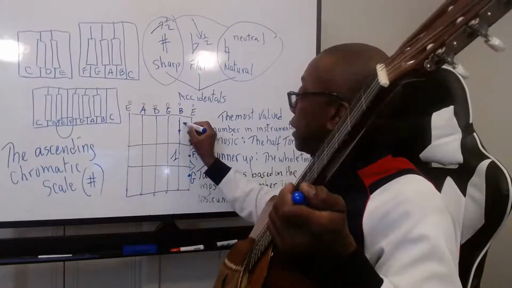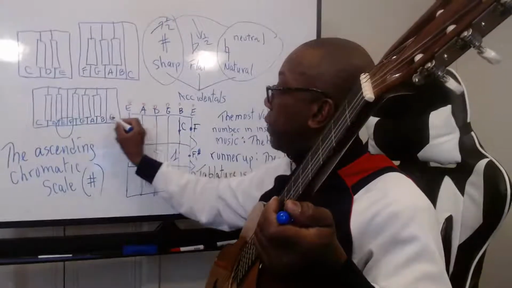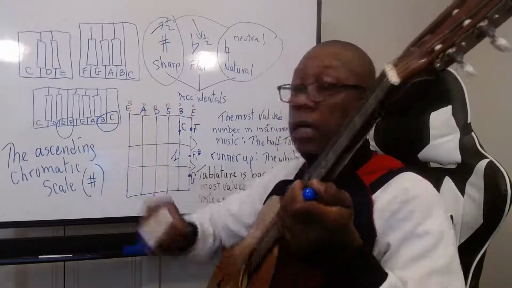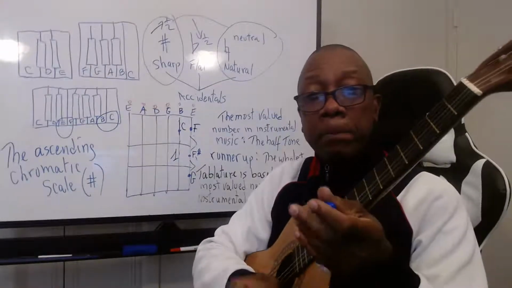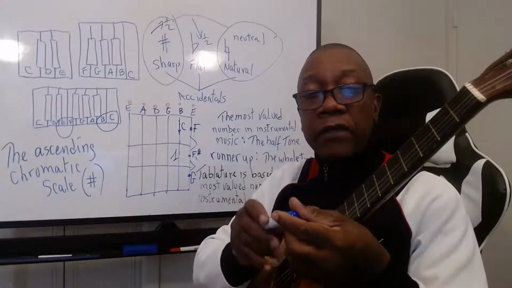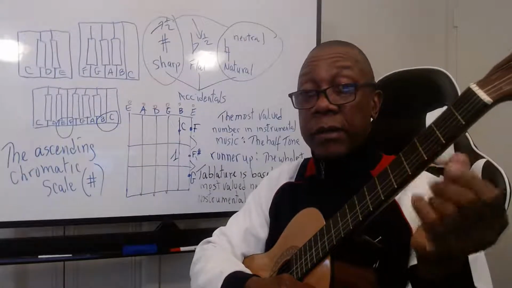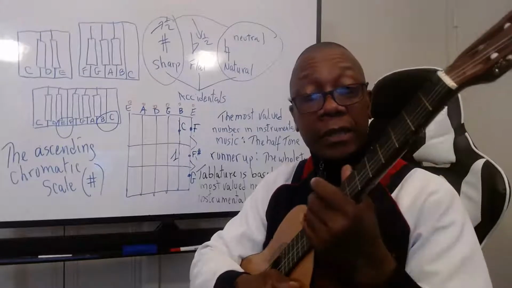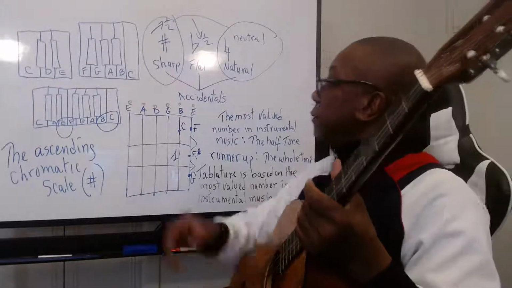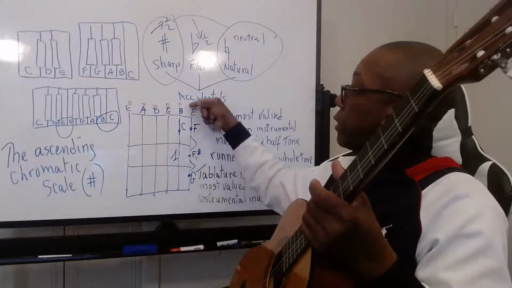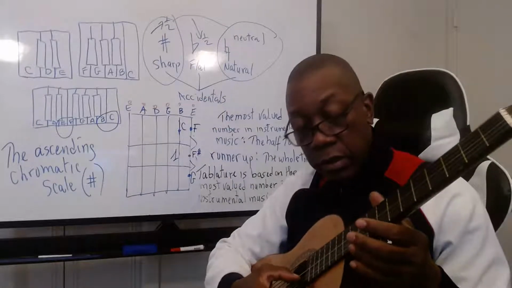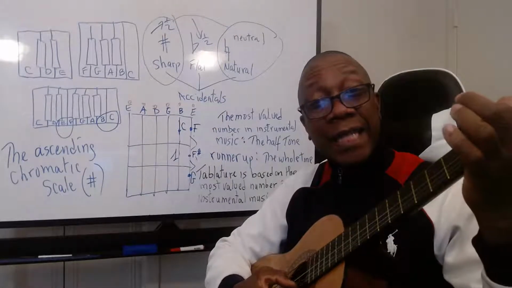That was a C. So B and C are a half step. Interesting. It's easy to make a mistake, but you have to be able to correct it. That was a good one, right? Okay, so the second string is open B. When I touch it, it's C.